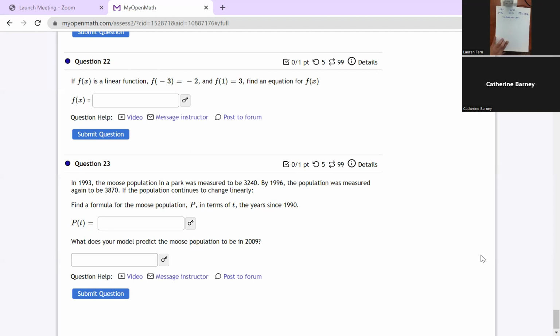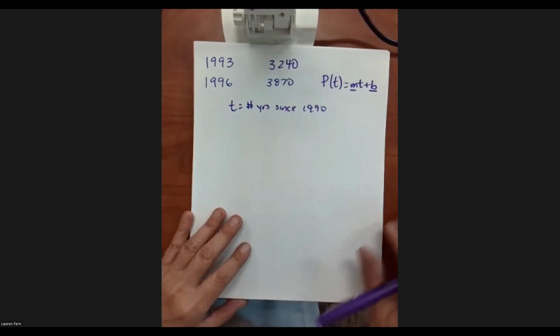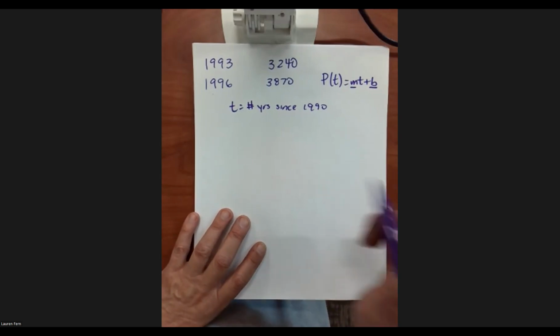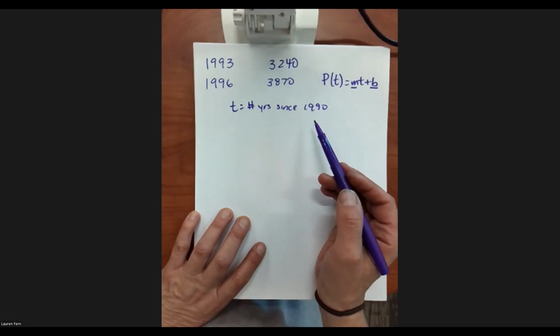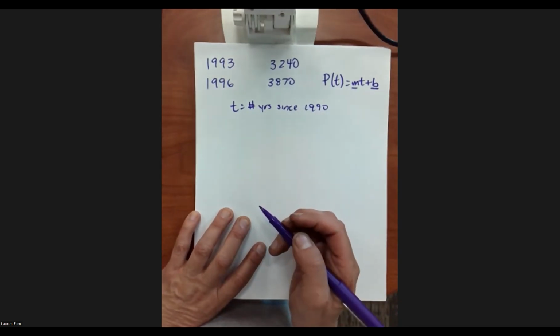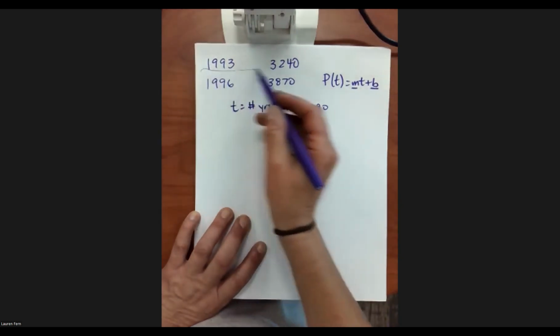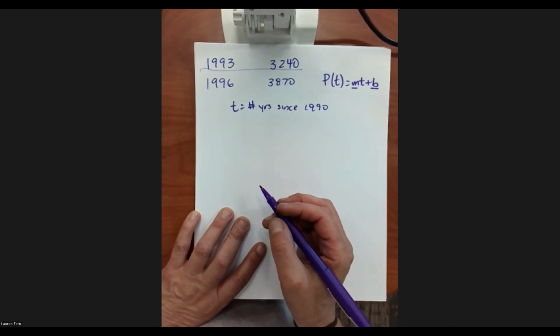You okay this far? Awesome. All right. So we're given some information. We want to find the equation of a line. What we need to do is take this information and translate it to ordered pairs. Notice my input is my time, the number of years since 1990, and my output is my population. How would I take this first piece of information and write it as an ordered pair?